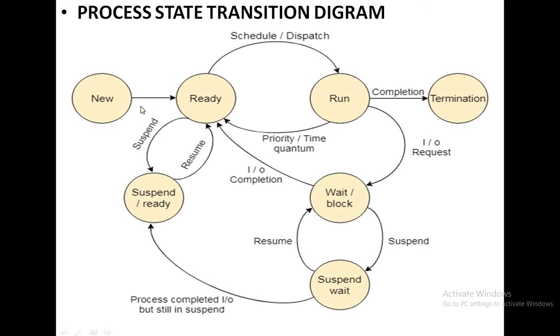The operating system takes the jobs from the secondary storage memory to the primary storage memory, and from the ready state, or from the primary storage, the CPU takes one by one job and gives it to the processor, that is called the running state.